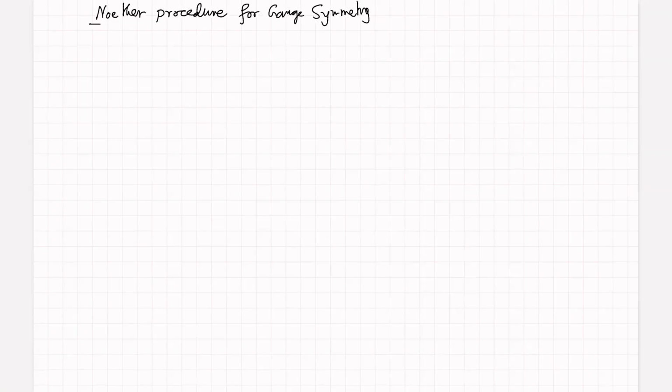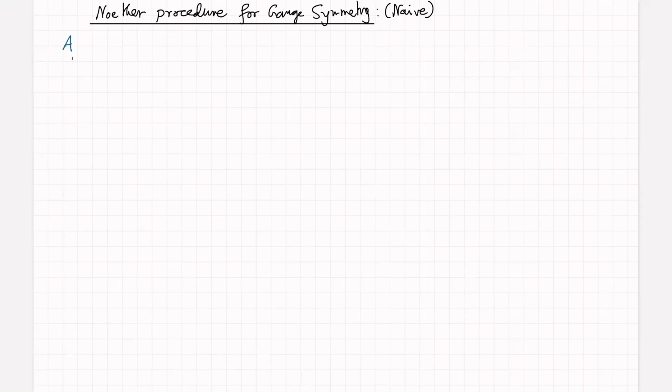All of you have seen the Noether procedure and Noether's theorems in the context of scalar field theories and maybe even fermions. Yes, we have seen them. So this is of course a little naive, and we will see why it is naive. But naive doesn't mean it's wrong. This is a perfectly valid thing to do, and it's worthwhile doing this exercise once.